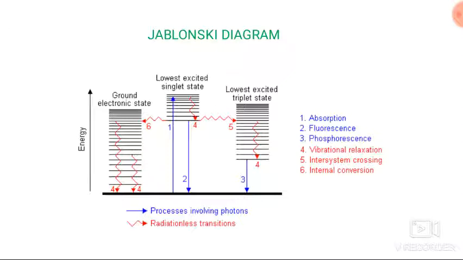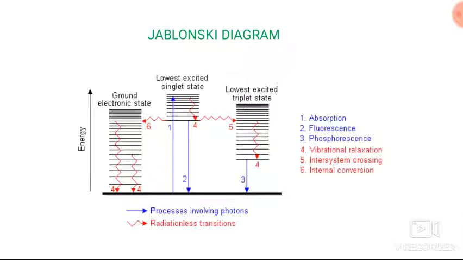Here you can see the ground electronic state and 2 excited electronic states, and each electronic state contains a large number of vibrational energy levels. One excited state is a singlet excited state and the other is a triplet excited state.